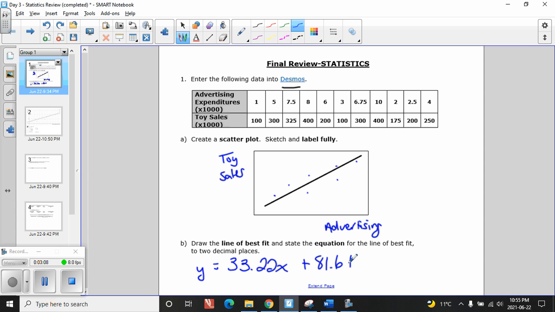Okay, so there's a line of best fit included on the sketch, and to state the equation, that's done. 2 decimal places after each of those numbers.